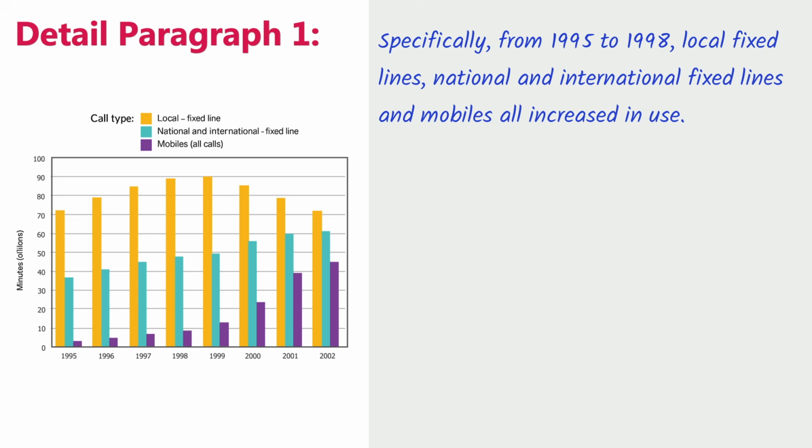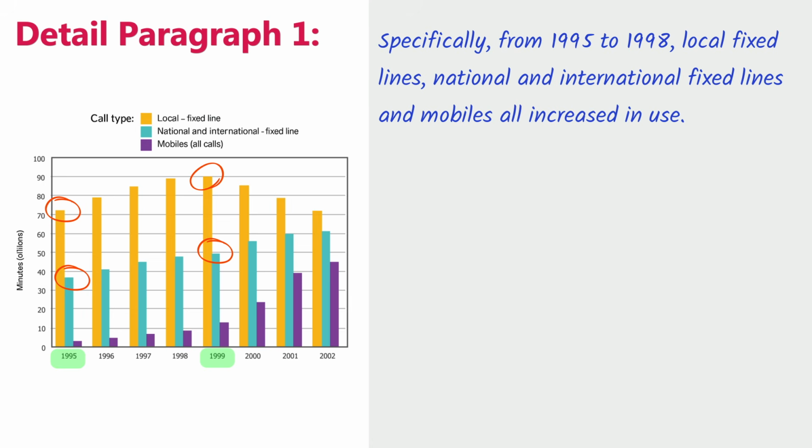Now, let's talk about local fixed lines. So, as you can see, local fixed lines in 1995 was around 72 billion minutes, all right, and it reached approximately 90 billion minutes. And national and international fixed lines climbed, as you can see, from around 38 to, let's say, nearly 48 billion minutes.